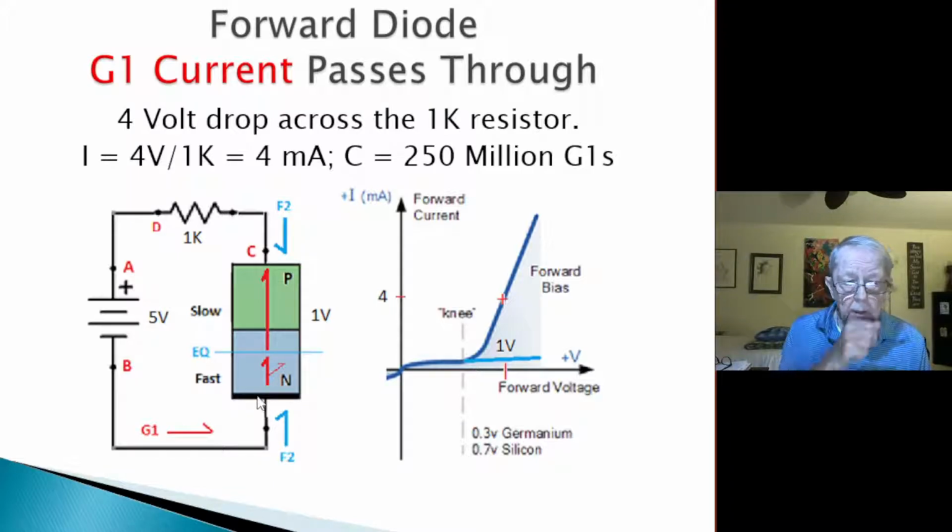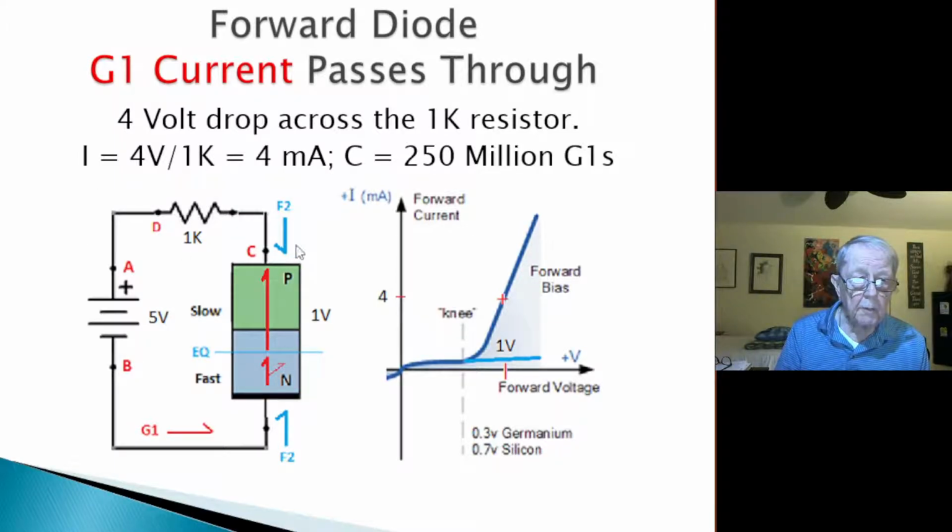Now, this is the IV curve for the forward bias. This is where it operates, and I picked this operating point. I just put the number 4 here and the number 1 here, saying there's a 1-volt drop across here.